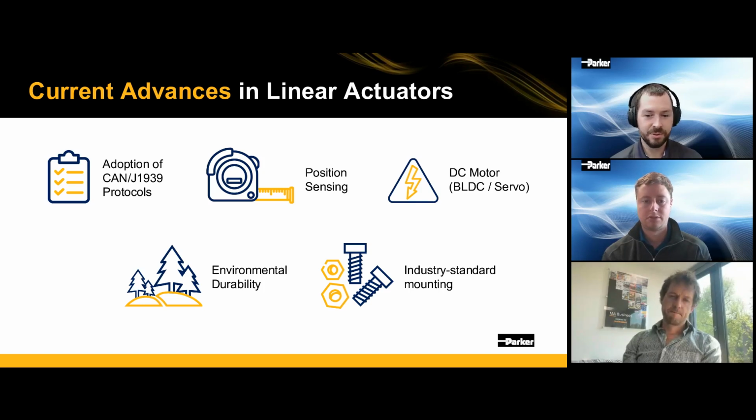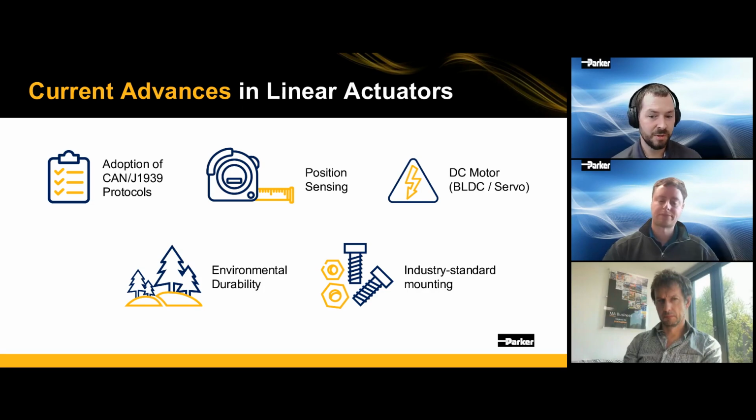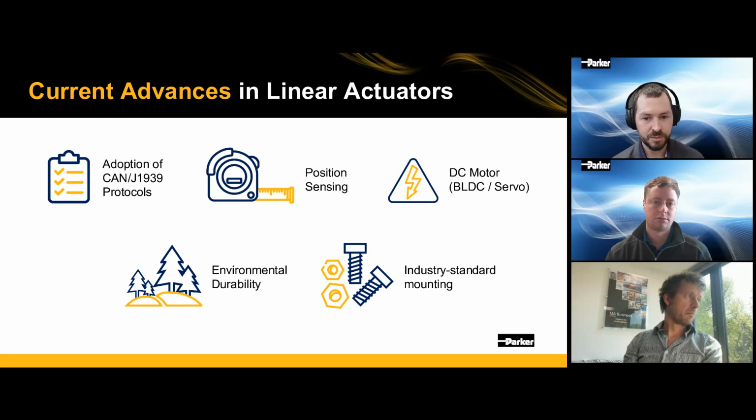So, IoT is a big thing in the marketplace today. You can do really advanced hour logging, performance, duty cycle tracking when you have a linear actuator that has CAN bus enabled. Position sensing, that's a big one too. As we see more and more smart agriculture or earth moving applications, GPS, things like that, knowing where the position of the linear actuator is more and more important.